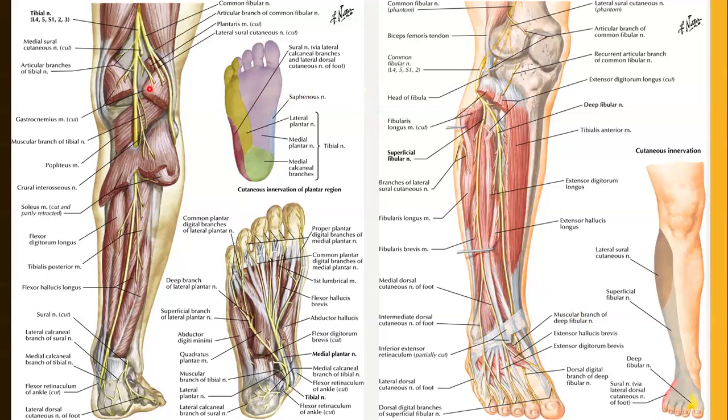Now, the two nerves, tibial nerve and common peroneal nerve, have sensory distributions. I've already told you about the sensory distribution of the tibial nerve.